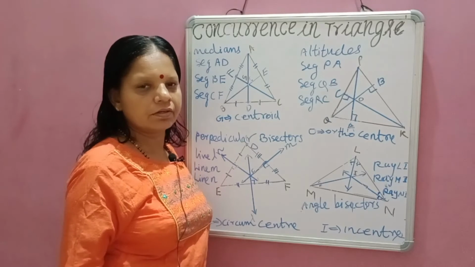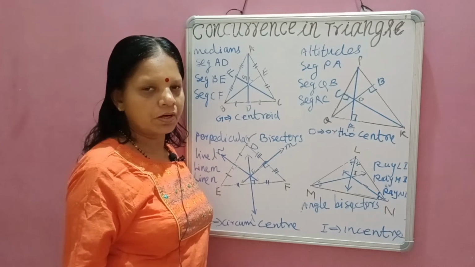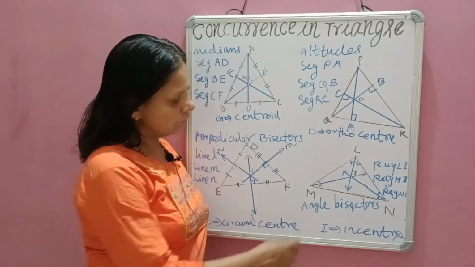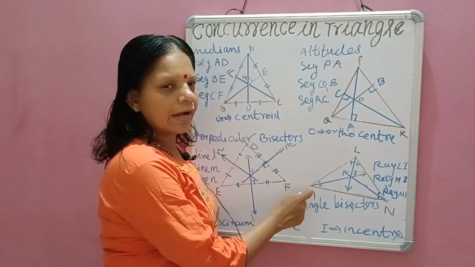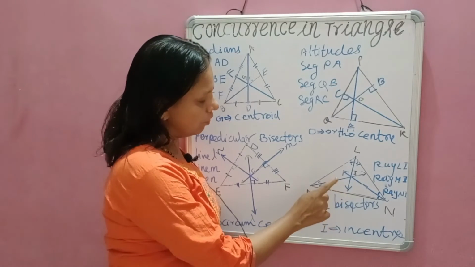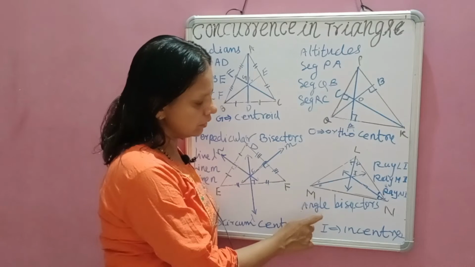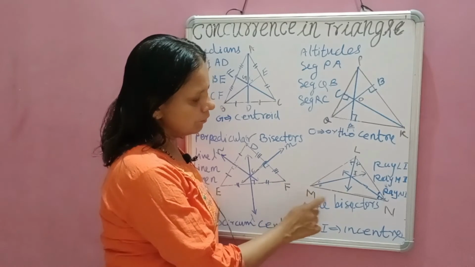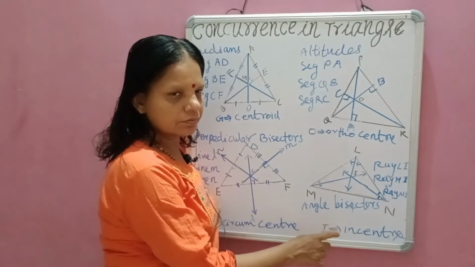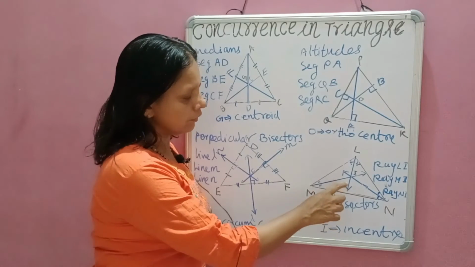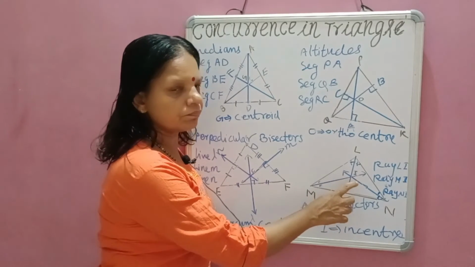Bisector means divide into two equal parts. So here I have drawn angle bisectors of all the three angles L, M and N. It is found that they pass through the same point.